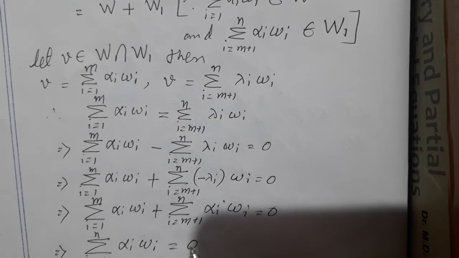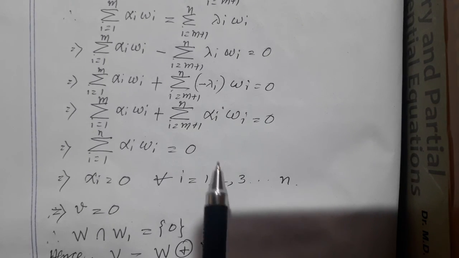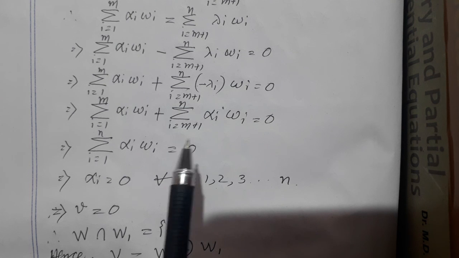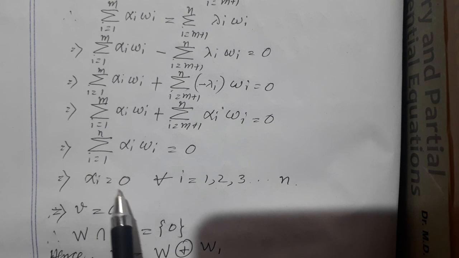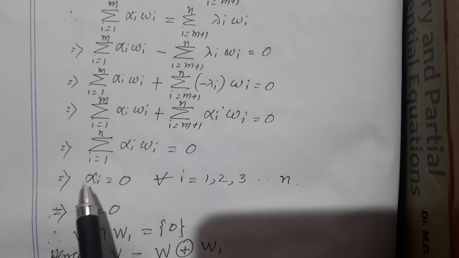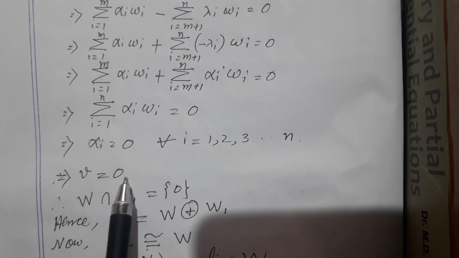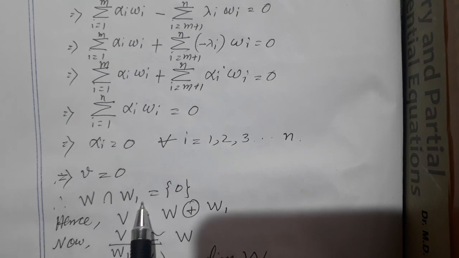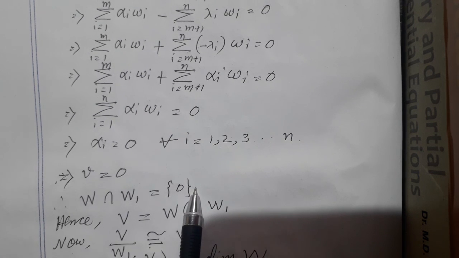But w1, w2, wm plus 1 till wn are the basis of V. So this set is linearly independent. Since the set is linearly independent, the scalars should be 0. So we have alpha i equal to 0, and i runs from 1 to n. If I put alpha i values to be 0, then I get v to be 0 in both the cases. So v should be only the 0 element. So the intersection consists of only the 0 element.